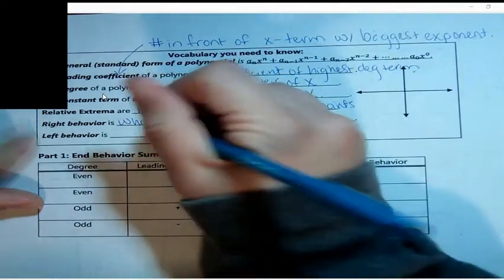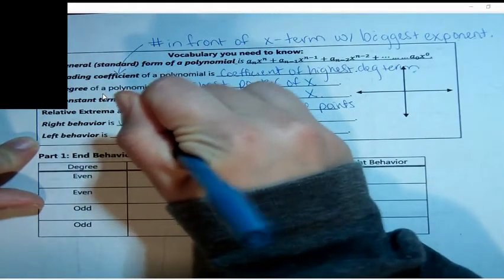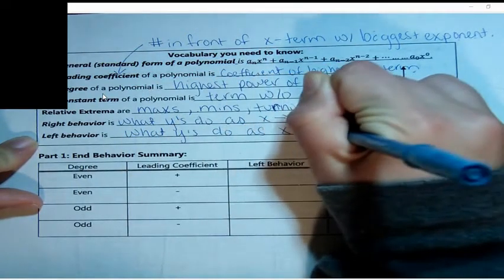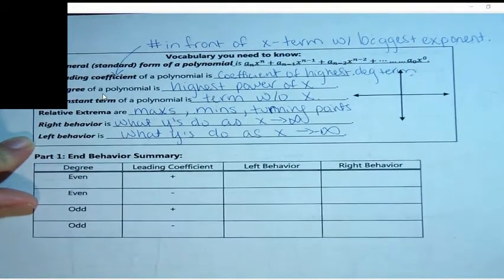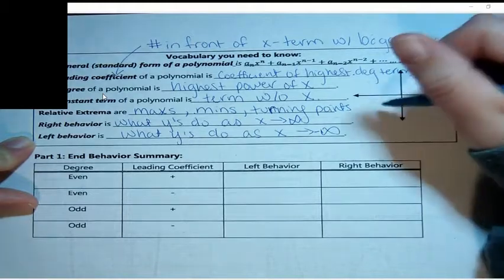And left behavior is going to be what y's do as x approaches negative infinity.